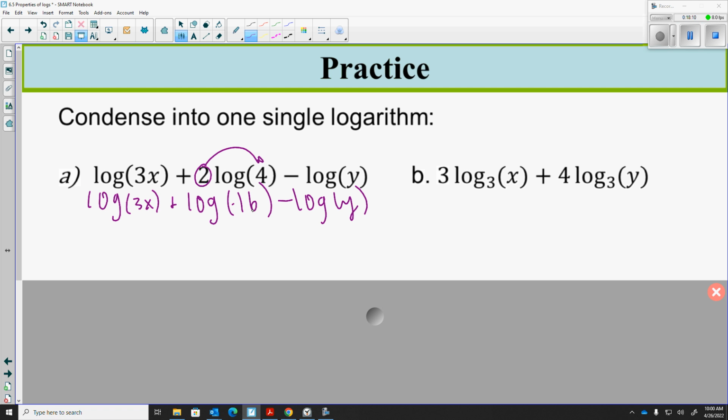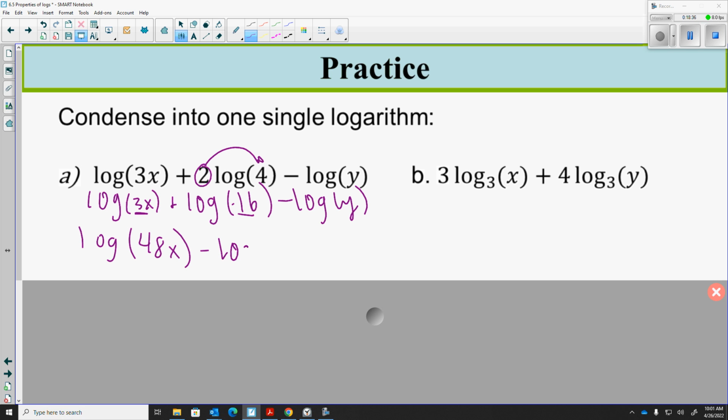Addition of logs is what? Multiplication in a log. So I'm multiplying these pieces, 3x and 16. So it's log, what's 3 times 16? 48. So it's 48x. I took those 2 pieces, put them together, and multiplied them, and it's minus log of y.